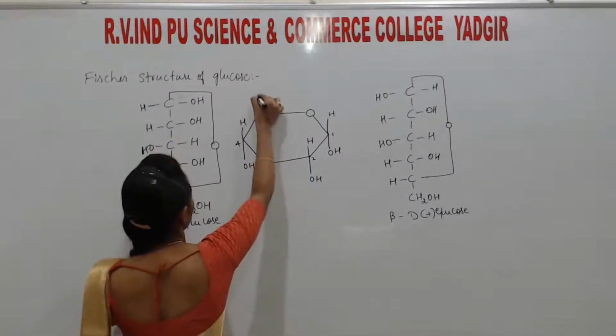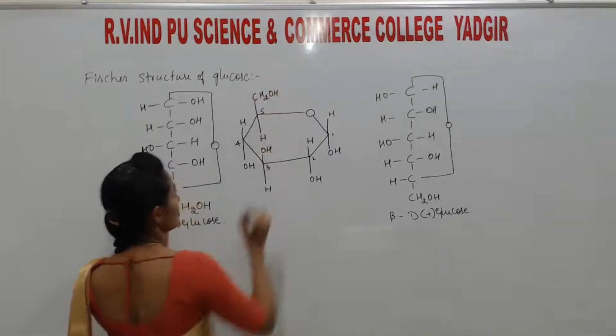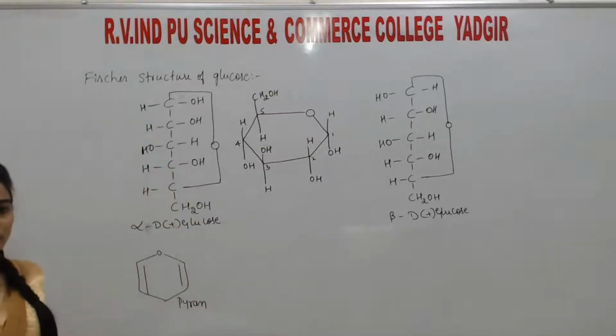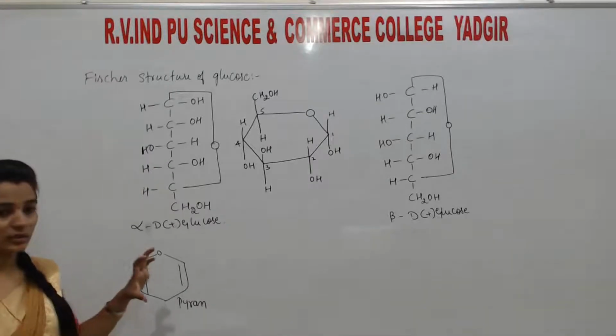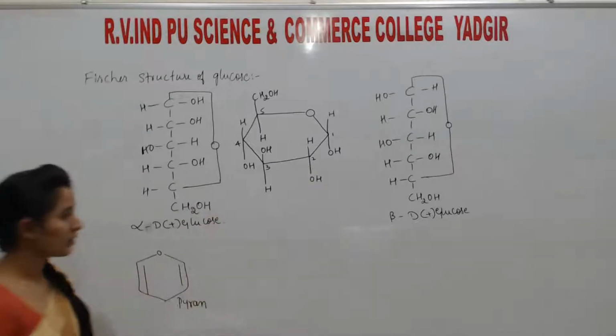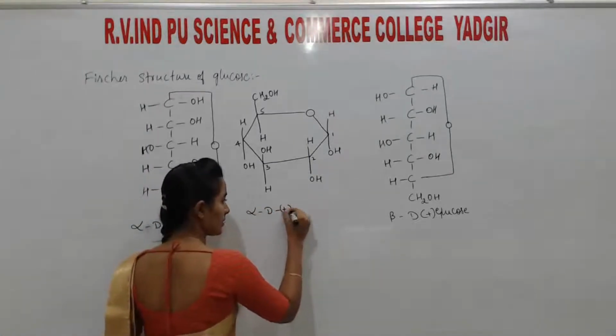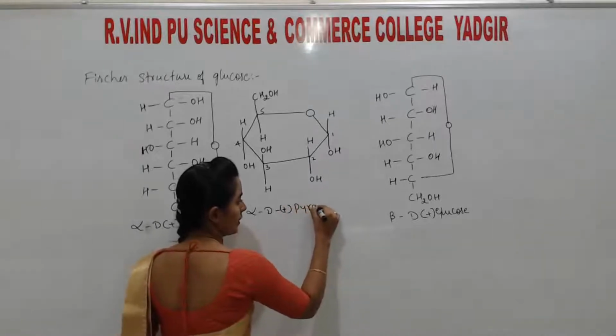Fifth carbon atom, this is CH2OH, this is H. This is how to write the Haworth structure of alpha D plus glucose. This is called alpha D plus glucopyranose.